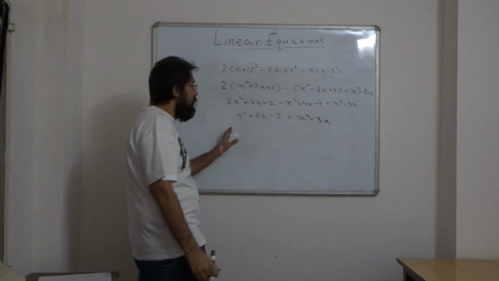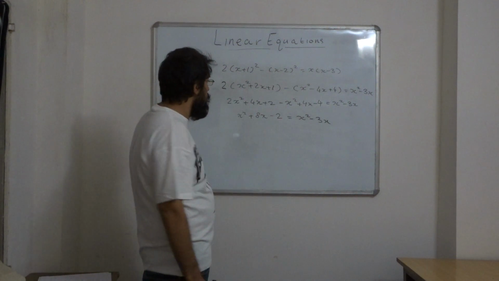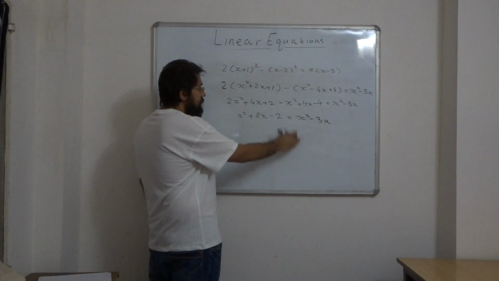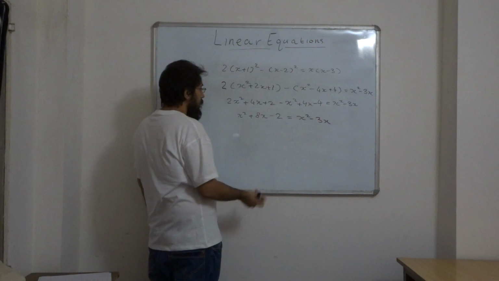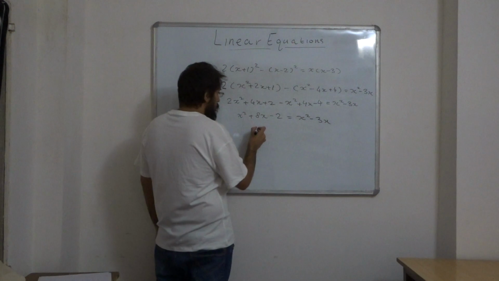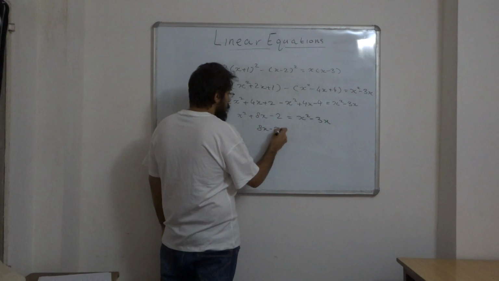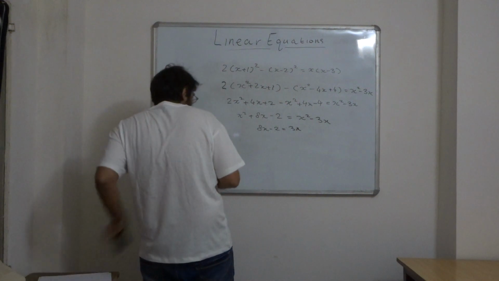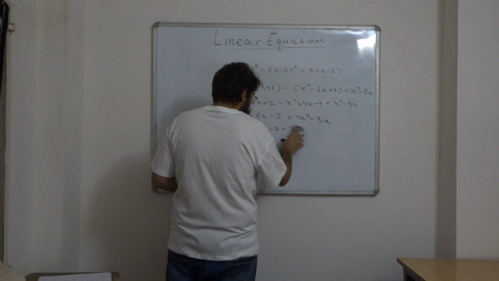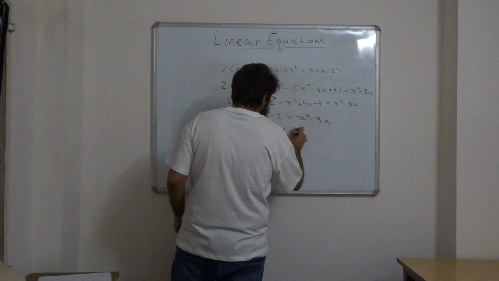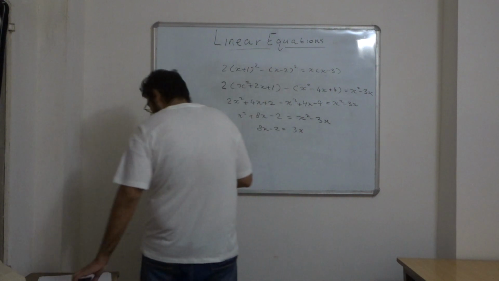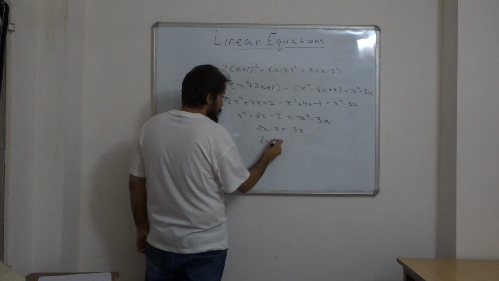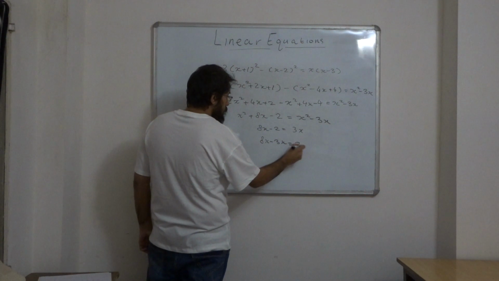Now what do we do, guys? Remember, there's nothing in front of x squared, so x squared cancels out on both sides. So you get 8x minus 2 equals 3x. Now what do you get, guys? You get 8x minus 3x equals positive 2.